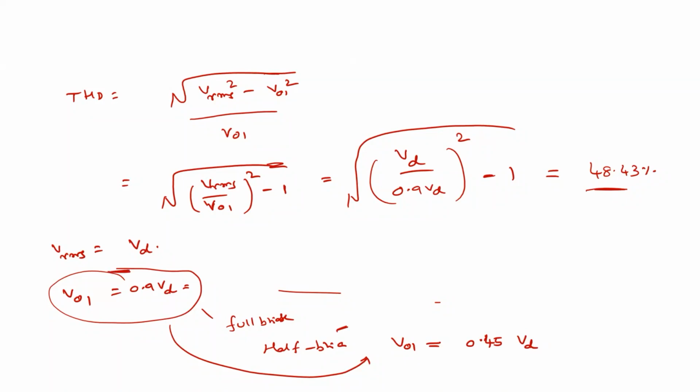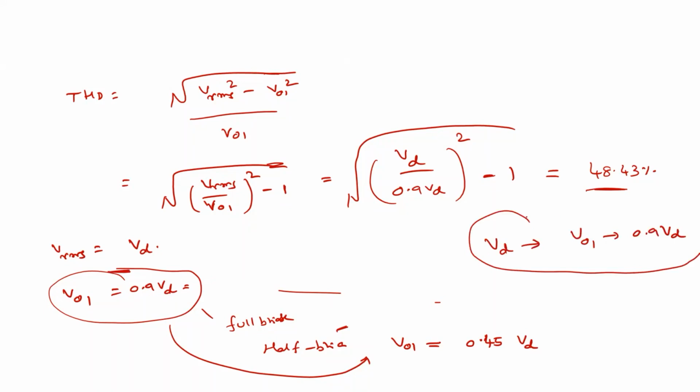So what you understood is that you have a DC source VD, and from that you are extracting a fundamental sine wave or fundamental waveform, which has an RMS value V01, equal to 0.9 VD.